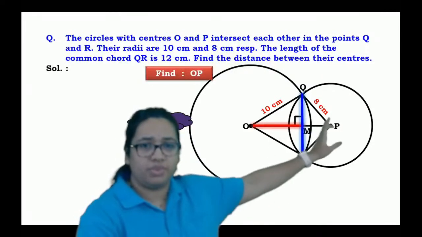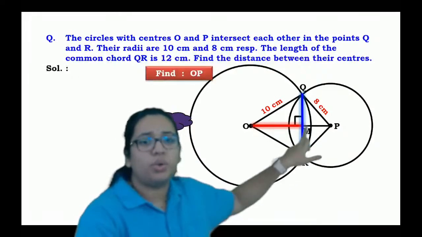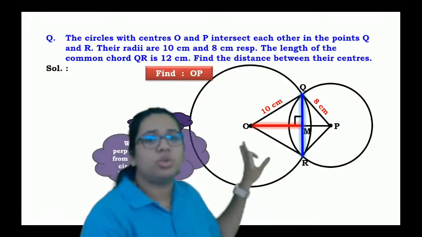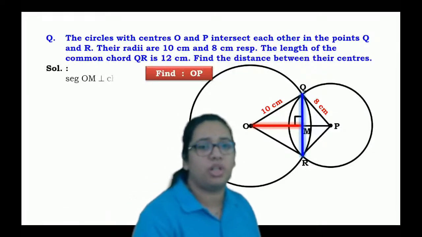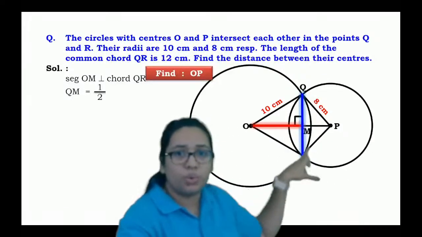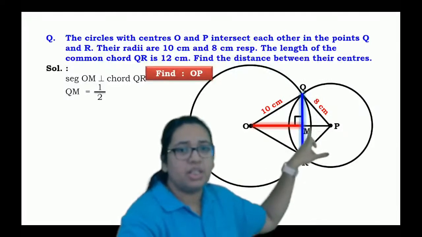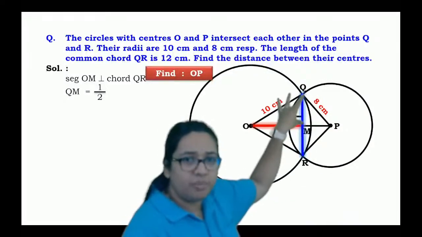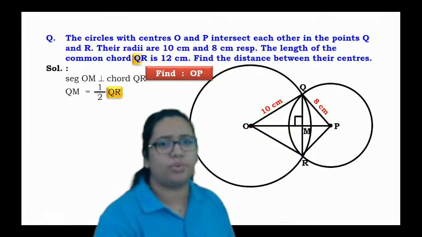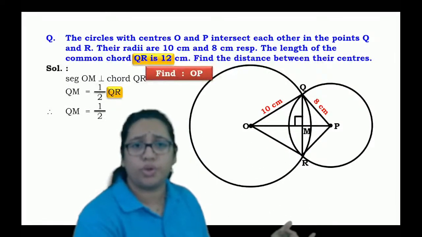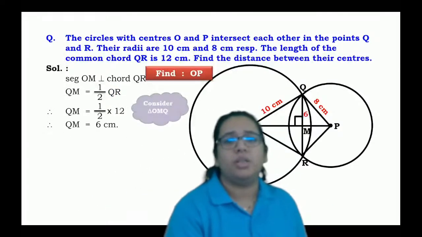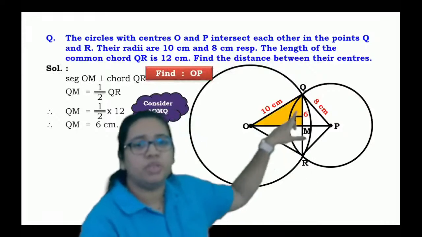So we have this one. We know that OM will be perpendicular to this chord. So as OM is perpendicular to the chord, we can say that QM is half of QR, and already you have the value of QR, which is 12. So you will easily get QM equal to 6.